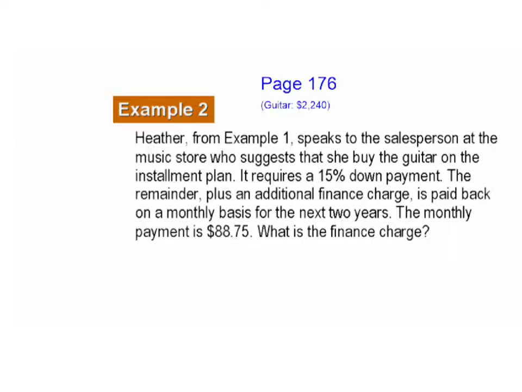So the first thing we do is determine what 15% of 2,240 is. We take the cost of the guitar, 2,240, and multiply it times 15% as a decimal, which is 0.15. And we get $336. That's the down payment.